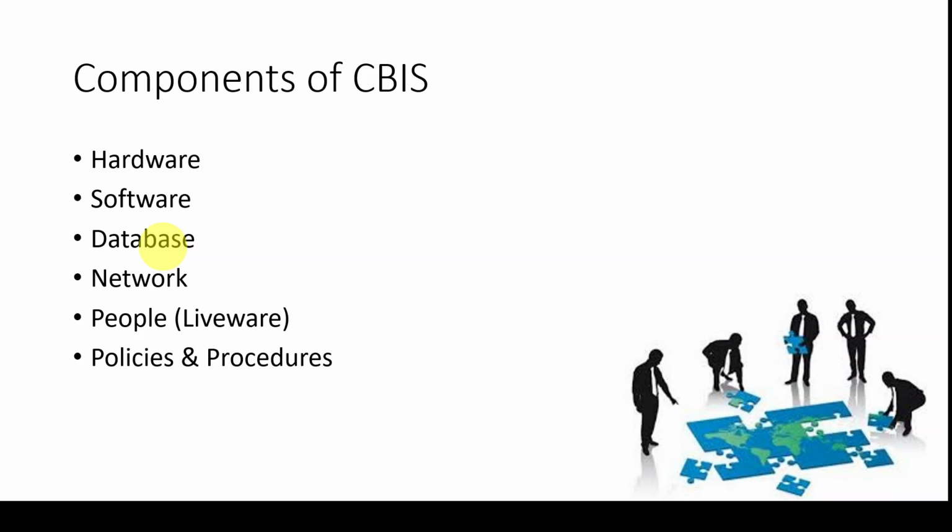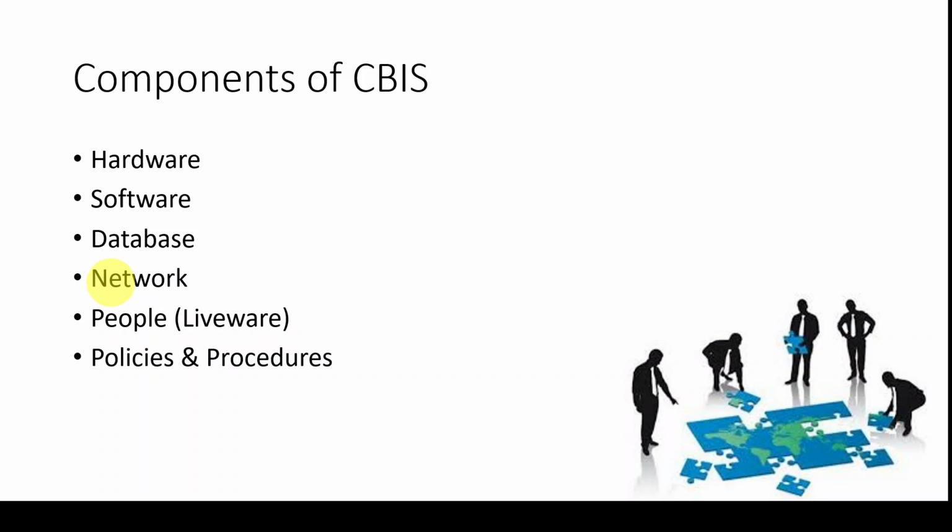Then modern information systems always rely on networking. Usually the end users will be accessing the information system through networks or the internet or whatever. And most of the systems are not isolated now. They also collaborate and communicate with other third-party systems. So the fourth component of CBIS is network, because the network is also a very critical part.